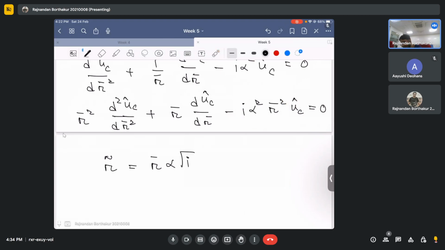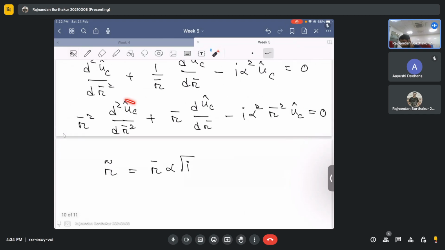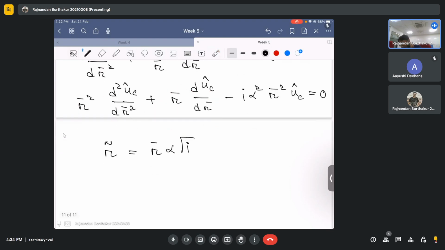And similarly, if you apply this change of variable in these two terms, they will simplify as follows. These are just mathematical tricks and substitutions that you need to do to get analytical solutions, not an ad hoc thing.